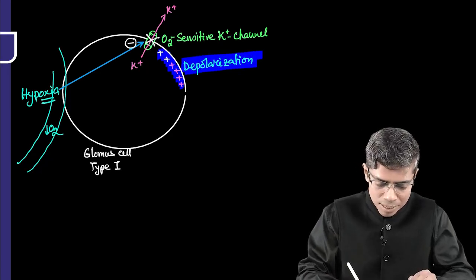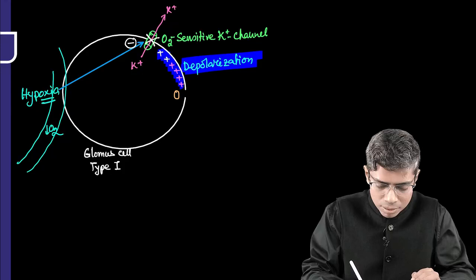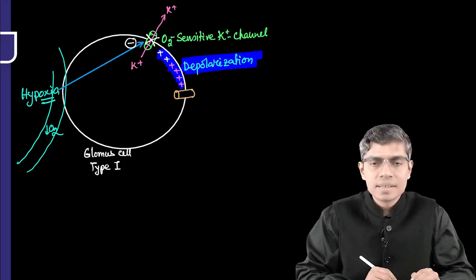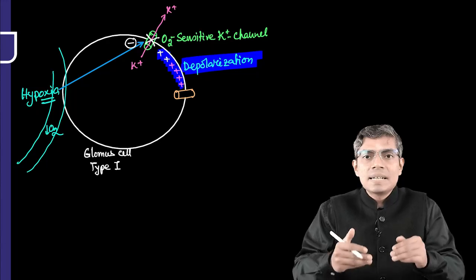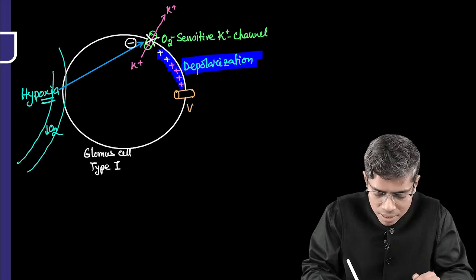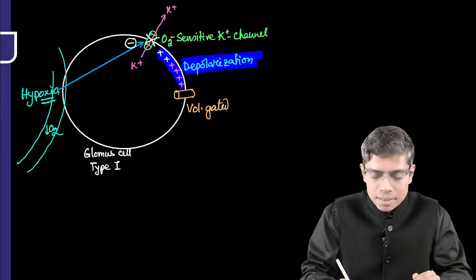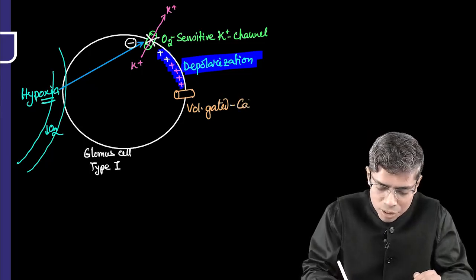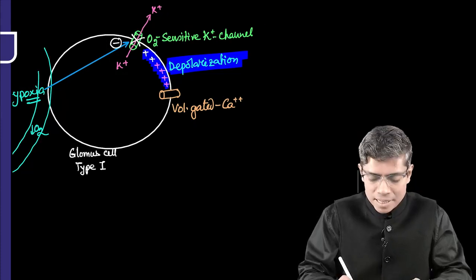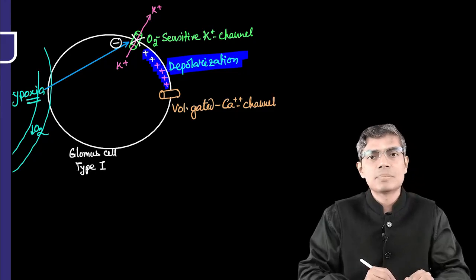Whenever there is depolarization, there is another channel on the same type 1 glomus cell that is activated in the presence of depolarization, in the presence of voltage. Obviously this is a voltage gated channel, but which ion is it dedicated for? Calcium. That's why this is known as the voltage gated calcium channel.